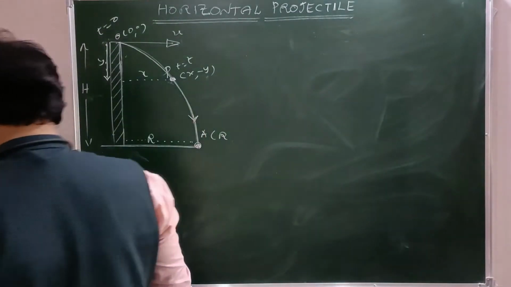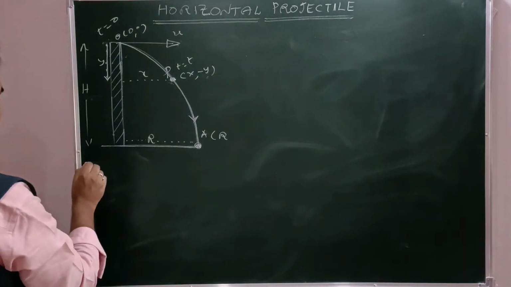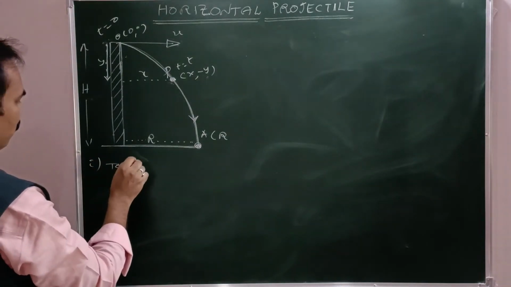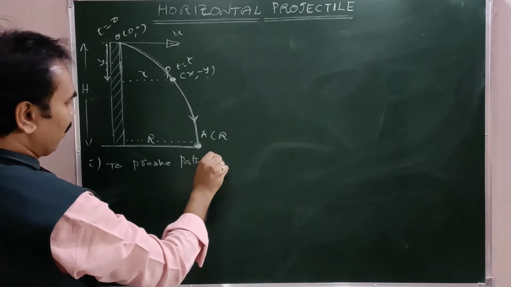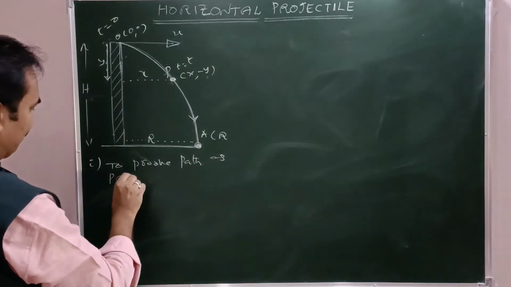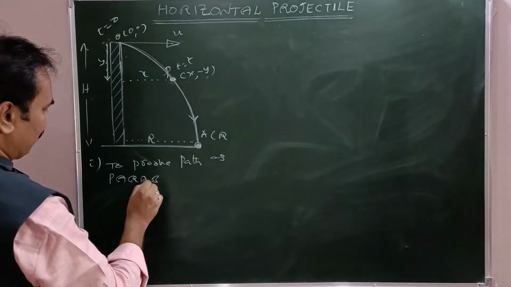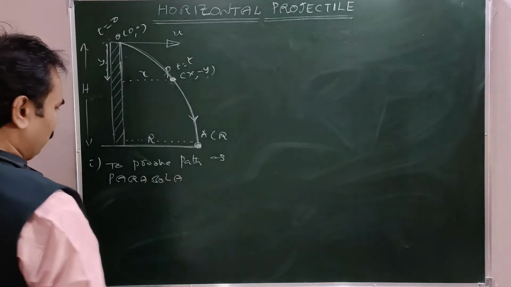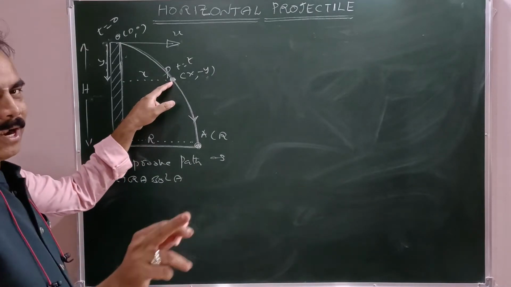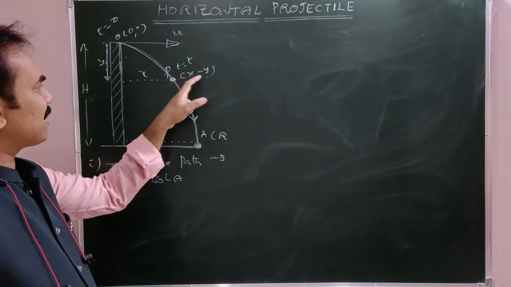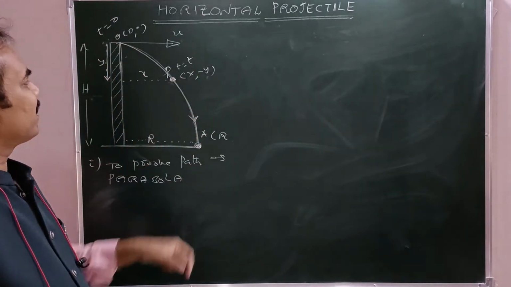First point, to prove path as parabola. For that, I took one point P with position coordinates x comma minus y on its trajectory.